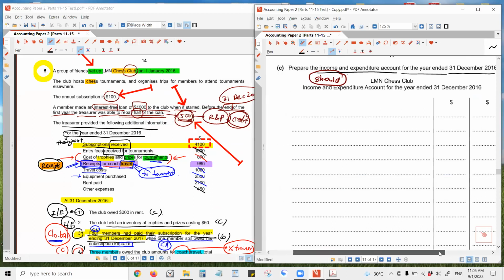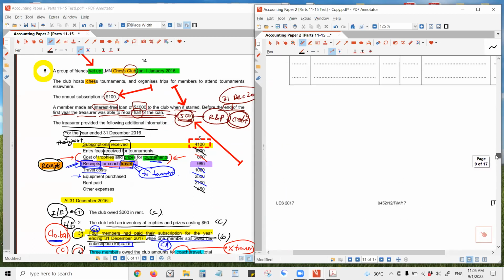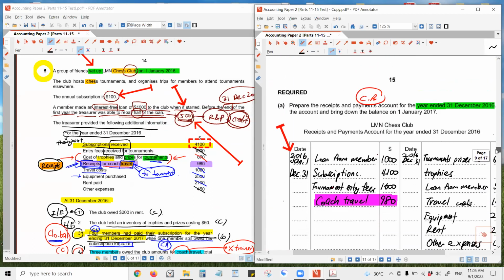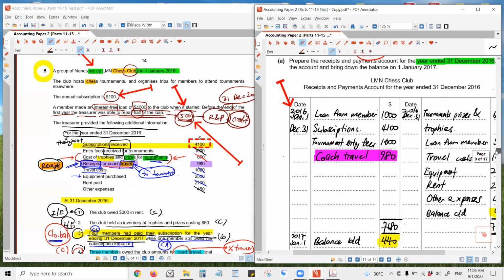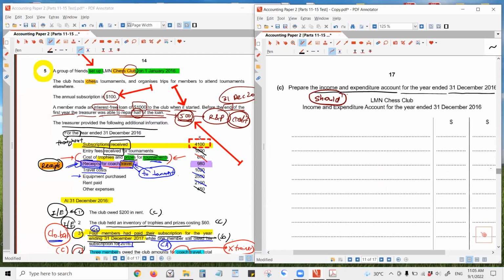So you can see this is an income expenditure account. Have we prepared the shop or cafe income statement separately earlier? No. So this is the combined method. If there is anything about a cafe or shop, then you put it into this income expenditure account.